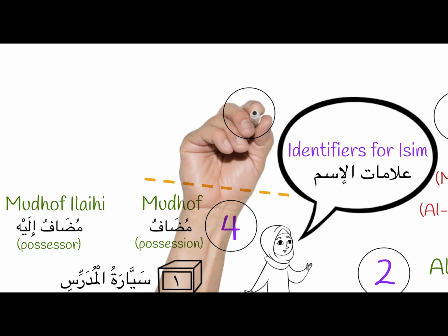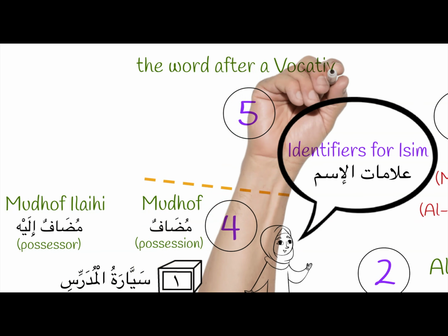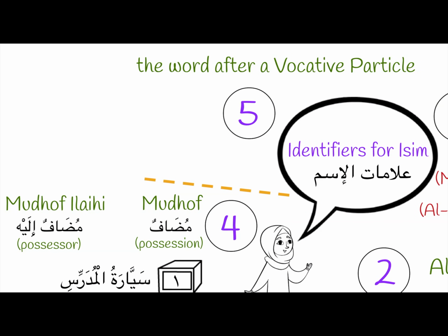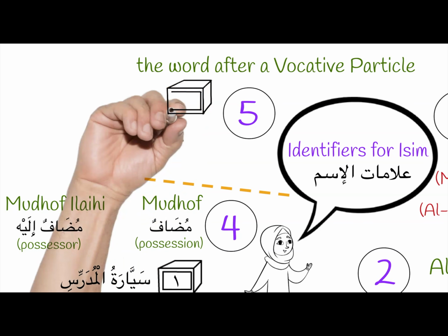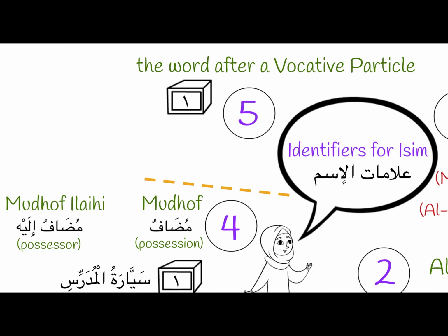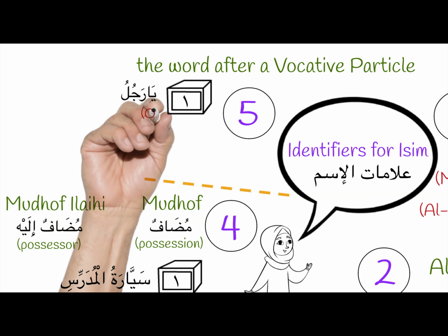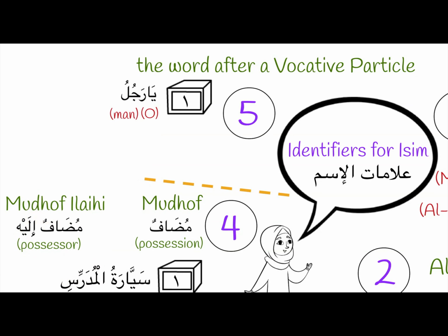The fifth identifier of an isim is that only isim can appear after a vocative particle. Let's look at these examples. In the first example, we have Ya Rajulu, which means oh man. We see that the word after the vocative particle of O is Rajulu.